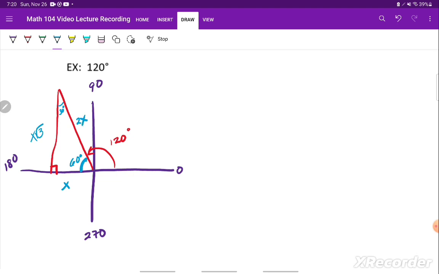We need to determine whether the sides of our triangles are positive or negative based on which quadrant we're in. In quadrant 2, the x side of our triangle is negative, while the y side of our triangle is positive. And now we're ready for our definitions.